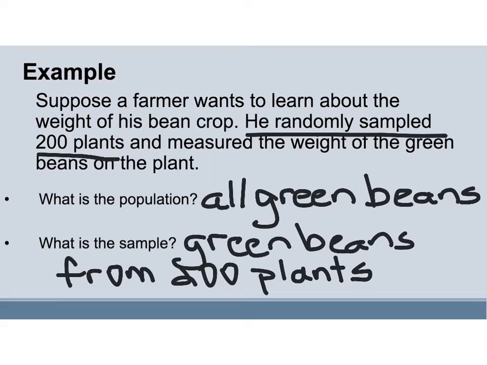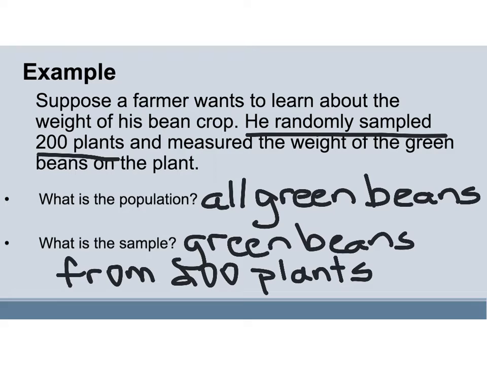So, the population in this case is all of his green beans, because that's what he's interested in. He wants to know something about the weight of green beans. I could get more specific and say all the green beans in the farmer's green bean crop. Because all green beans, if you really want to be picky about it, are all the green beans anywhere ever in the world. So, if I want to be careful, I would say all the green beans in this farmer's bean crop.